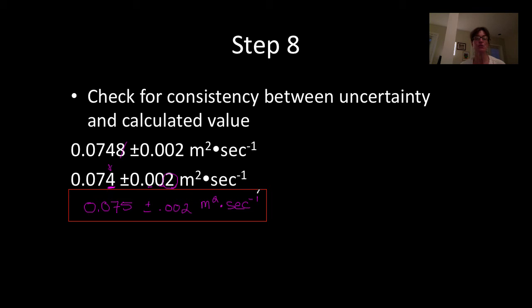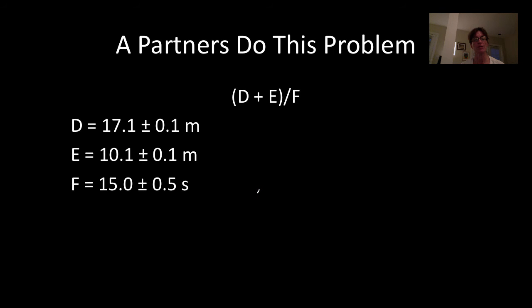Now I want you to try problems, and I'm going to divide them into A partner and B partner. So if you are the A partner in your pair in class, I want you to do this problem. You're going to take 17.1 plus or minus 0.1 plus 10.1 plus or minus 0.1 and divide it by 15.0 plus or minus 0.5.